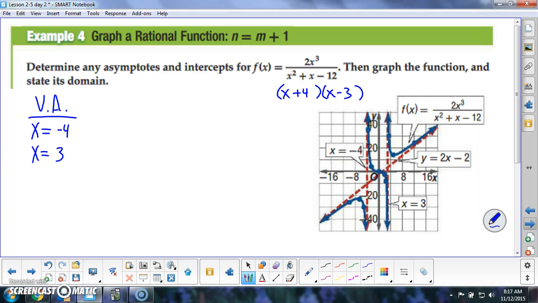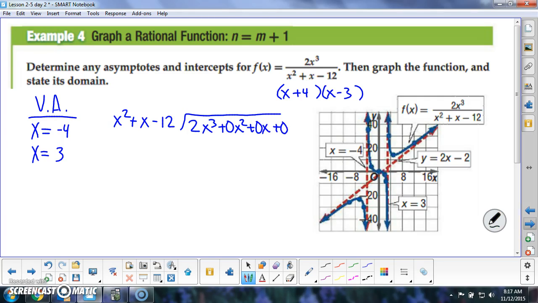Now to find the slant asymptote, what you have to do is actually divide the two polynomials. So we have to use long division for this. Now it's not going to be very hard. I'm going to put in a 0x squared, a 0x, and a 0.